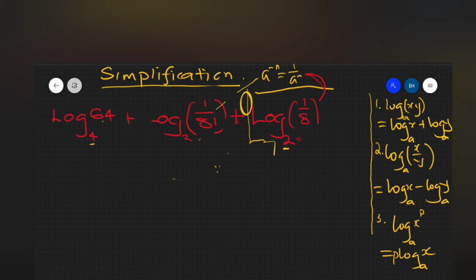Okay, so this can be rewritten as log 64 is 4 to the power 3 base 4 plus log 81, we say is 3 to the power 4, then the bracket -1 and base 3.